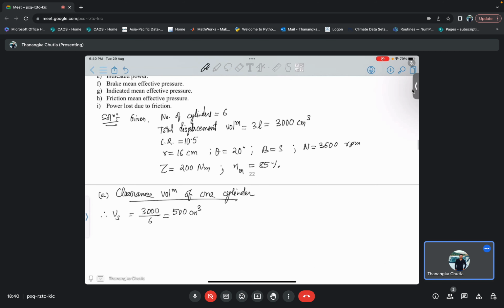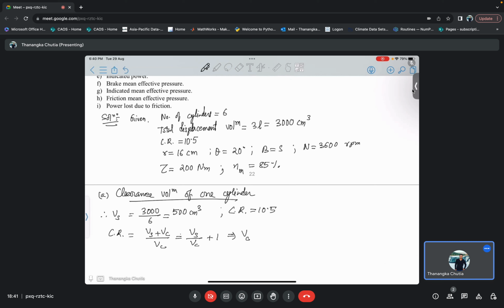Okay, compression ratio is equal to 10.5, and we also know that the compression ratio is nothing but (Vs plus Vc) by Vc, which will be equal to Vs by Vc plus 1.